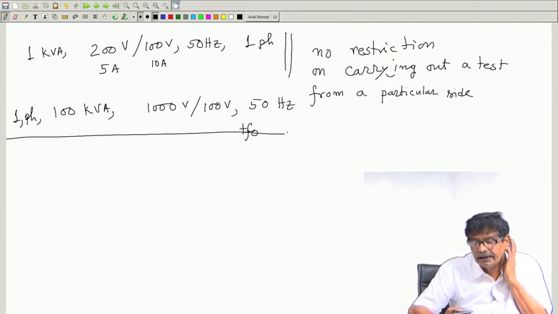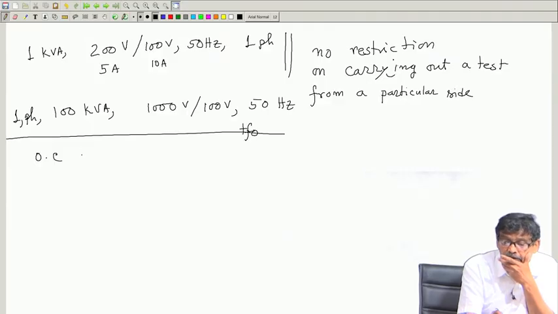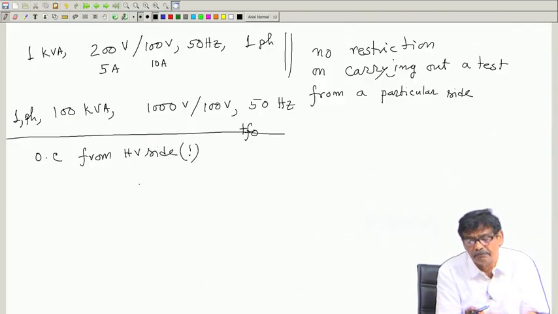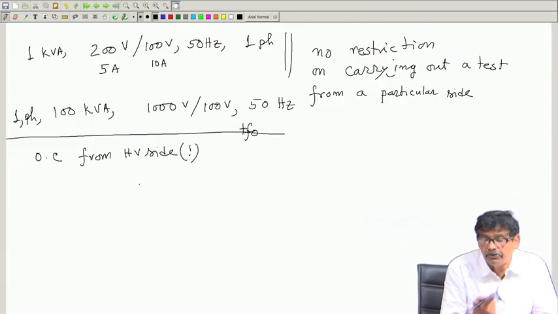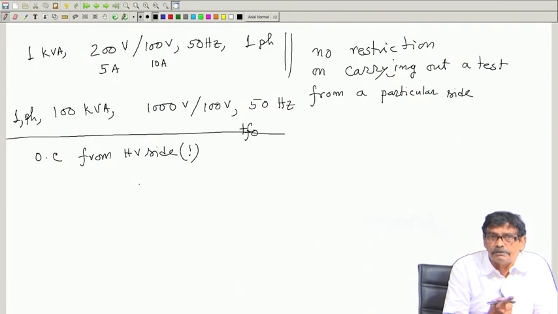Suppose somebody says that okay, I will carry out the open circuit test. He thinks of open circuit test from the HV side. Suppose somebody decides, can I not do it? Open circuit test demands that whichever side you energize, you have to apply rated voltage, because you have to create rated flux, so that all the core loss takes place.